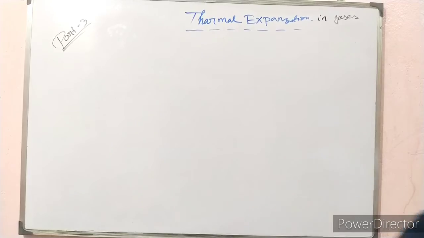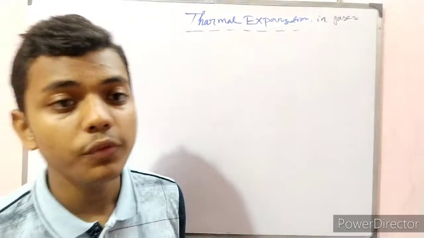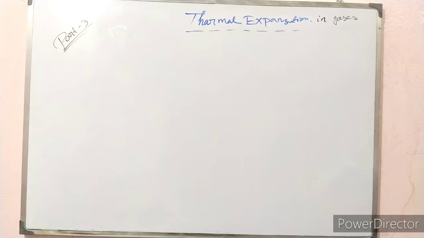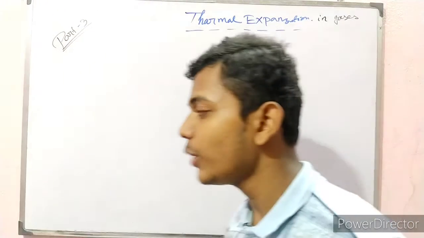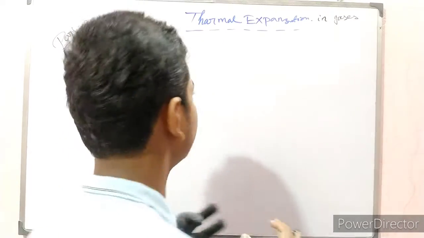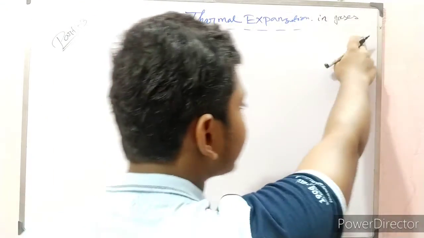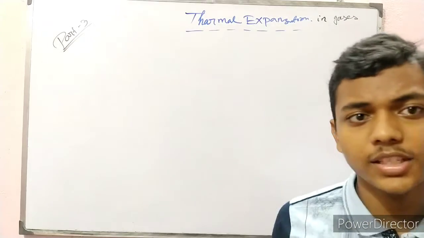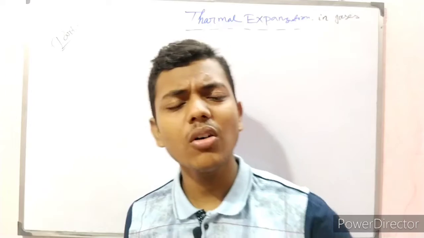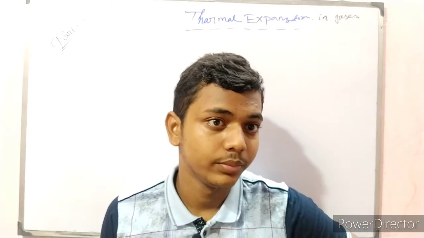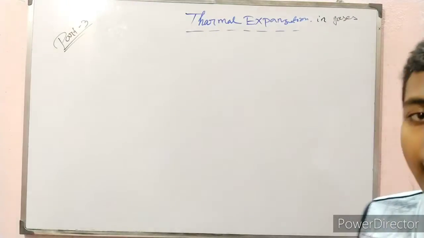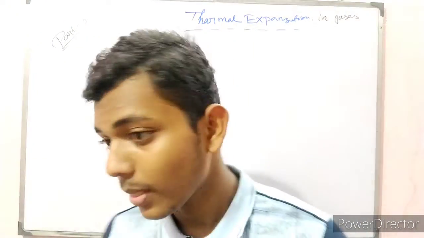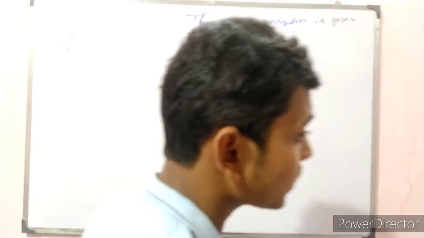Now we can see the coefficient of thermal expansion in gases. In gas expansion, do they have linear expansion, area expansion, or volumetric expansion? Yes, you are right, they have volumetric expansion.